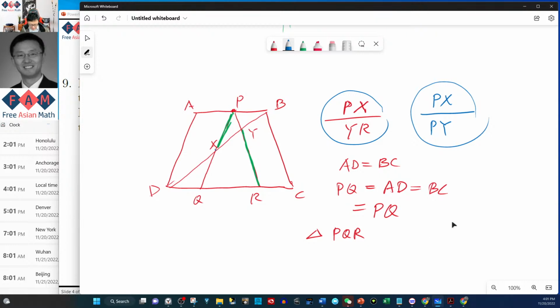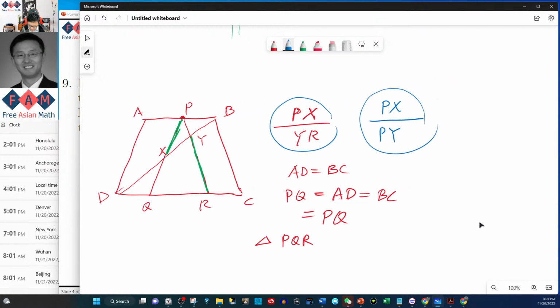Essentially, it's something like this. If you know what kind of fraction Px is of PQ, if you can figure this out, everything will be solved, right? Because if you can figure that out, you can similarly figure out what is Py over PR.